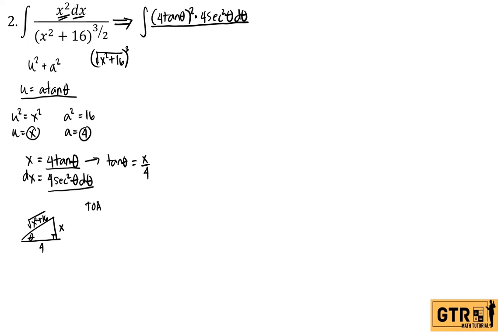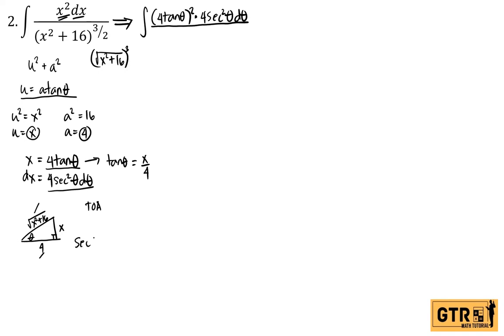Now let's find the trigonometric function for the square root of x squared plus 16 using this right triangle. What is the trigonometric function that contains the square root of x squared plus 16 over the constant 4? It is hypotenuse over adjacent, or the reciprocal of cosine. Cosine is adjacent over hypotenuse, so the reciprocal of cosine is secant.